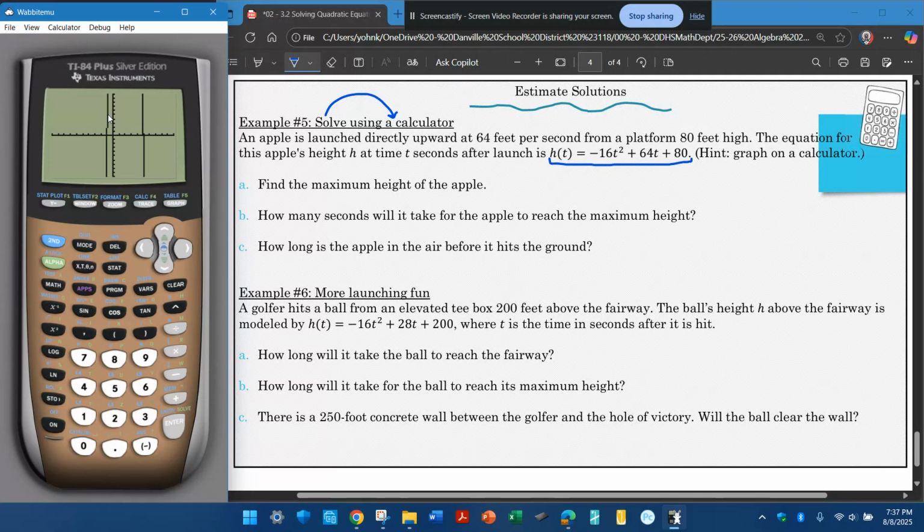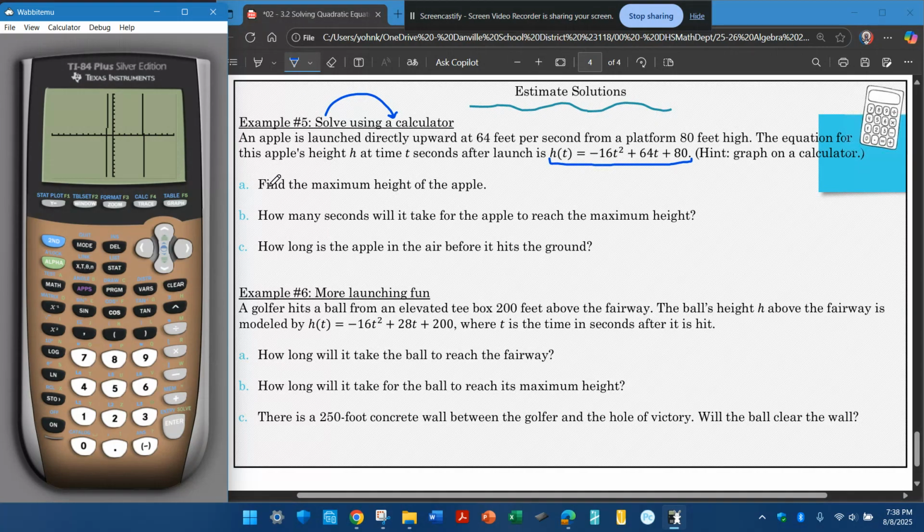It's going to go up and then it's going to come back down again, but we're not going to be able to see the peak. Now we can zoom out, but we still can't really see it, so you can zoom out again, but it gets even worse. So if you zoom 6, that's your standard. It resets it back to the original window.